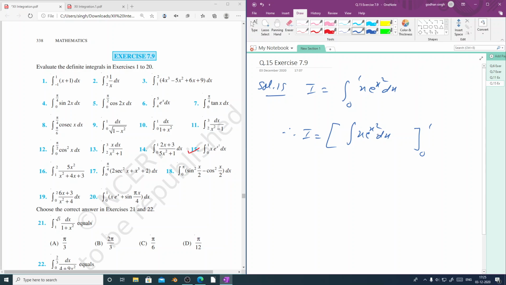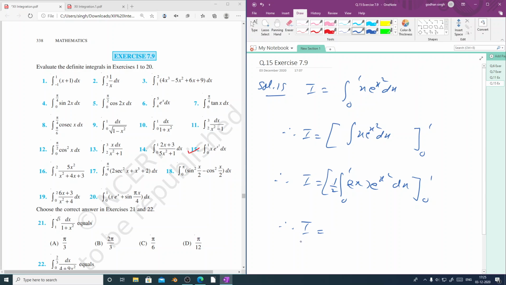Now we know the differentiation of x square is 2x, so we will multiply and divide with 2. Therefore I equal to integration of 0 to 1, here dividing with 2 and multiplying with 2, so we will be getting 2x into e raised to x square dx, and 0 to 1.